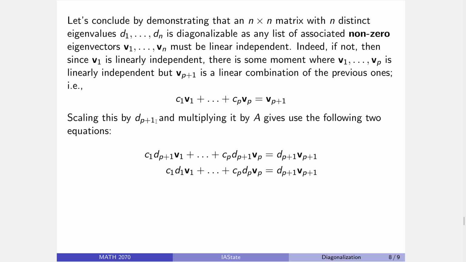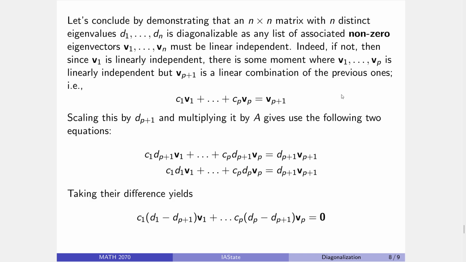Now let's do two things to this equation that I have right here. Let's scale it by the next eigenvalue, d_{p+1}, and let's multiply by the matrix A. Note when I multiply this by the matrix A, on the right I'll get d_{p+1} v_{p+1}, because this is an eigenvector for A with respect to the eigenvalue d_{p+1}. And multiplying all of these will just give me the associated eigenvalues.